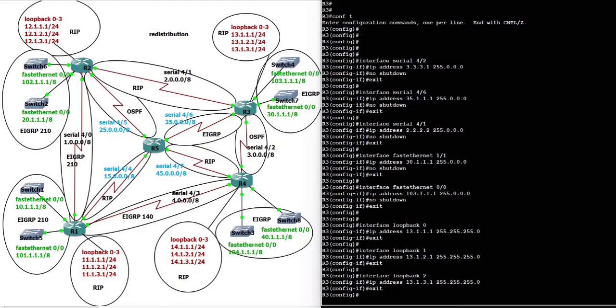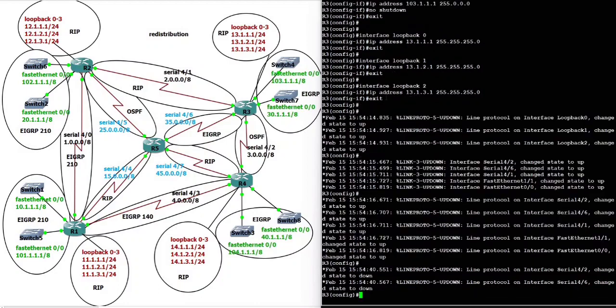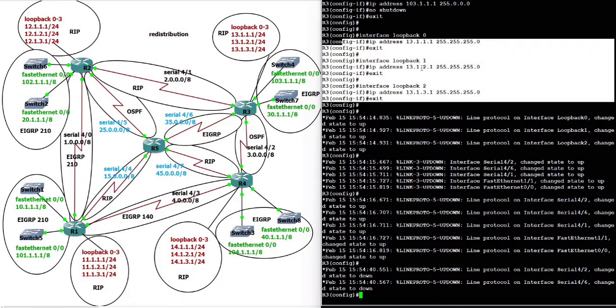Serial 4/2, 3.1 is connected with router 4, 4/6, 35 network, which is connected to router 5, 4/1 serial interface is connected with router 2, and fastnet 1/1 and 0/0 is connected with switches, and the 3 loopback addresses 13.1.1, 2.1, and 3.1 network.